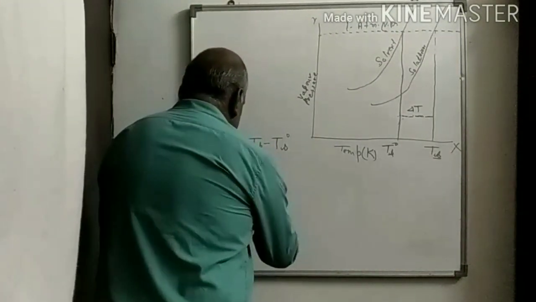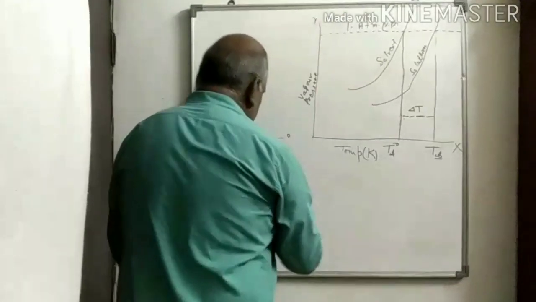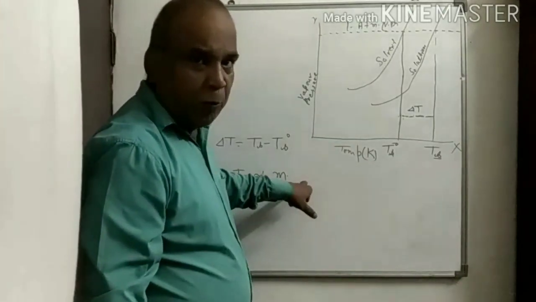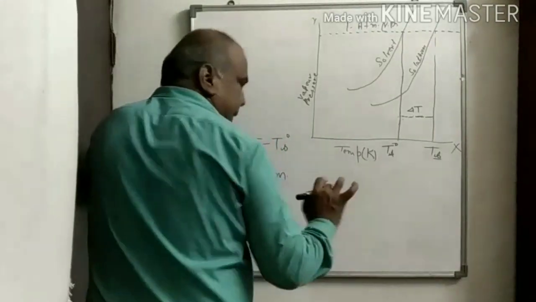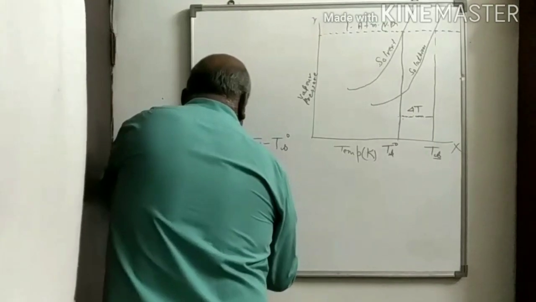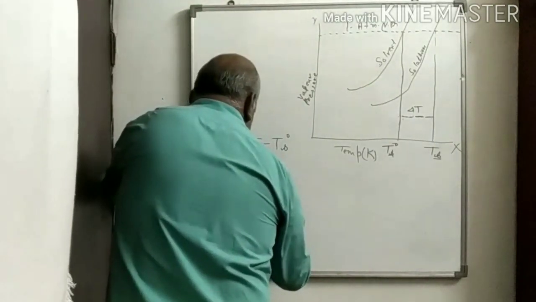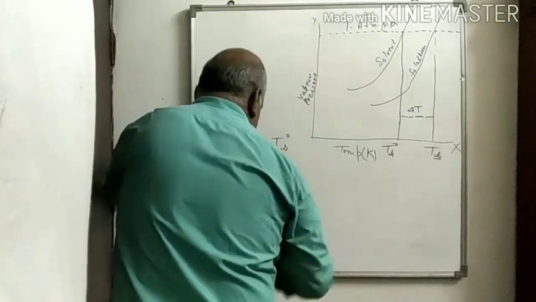As it is a colligative property, delta T is proportional to m, where m is molality. Now this proportionality can be removed by taking a constant. Delta T is equal to Kb into m.